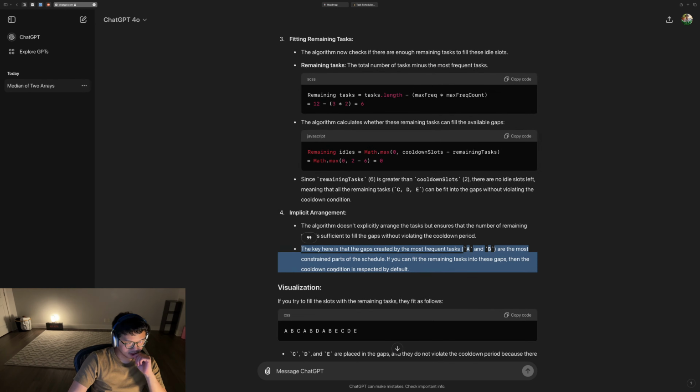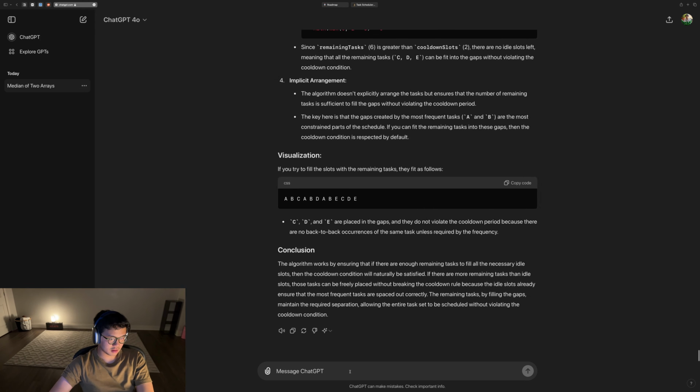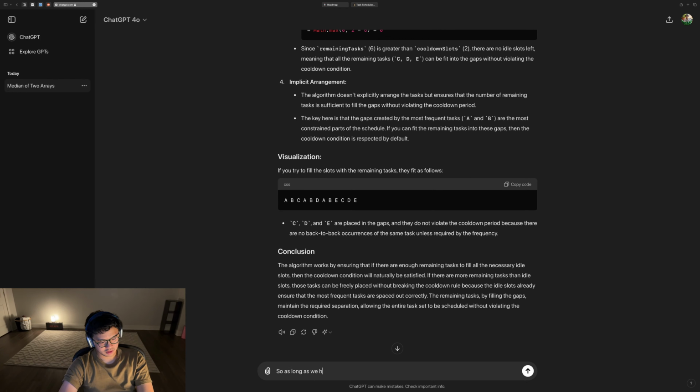That's crazy. So because we got the most frequent, nothing else needs gaps? So as long as we calculate the necessary idle slots for the most frequent values, we can guarantee that the most frequent values have a place without violating the rule.